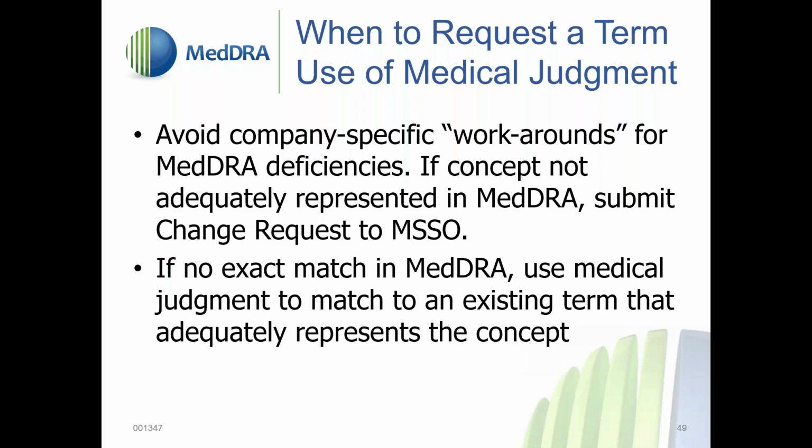In pharmacovigilance, of course, you can do it immediately. You can split code based on the case information that you get. But in clinical trials, you have to go back to the investigator and ask for splitting.